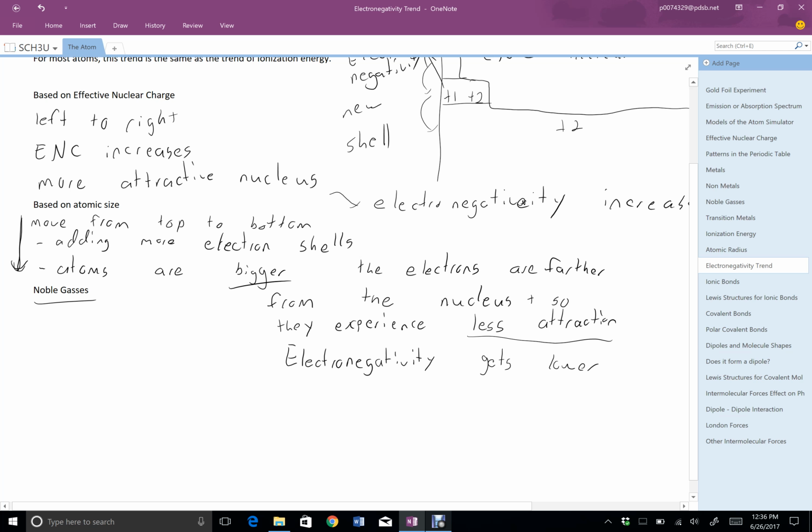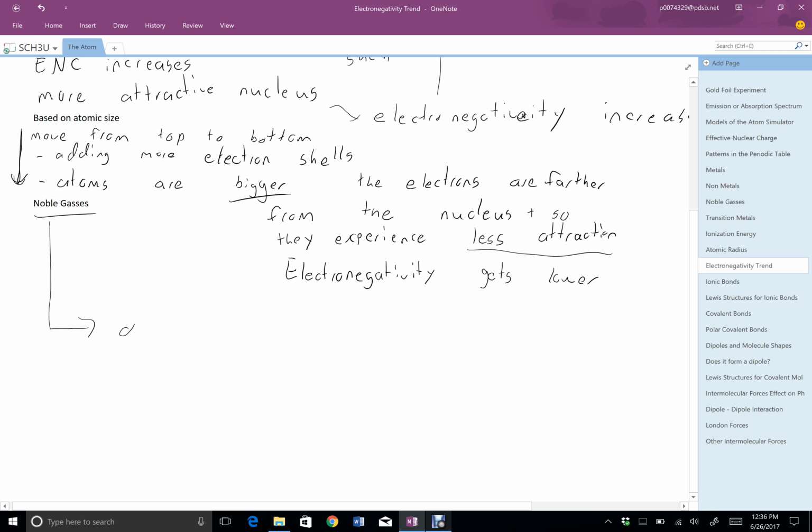The notable exception here is the noble gases. They do not form bonds, so we generally don't even give them an electronegativity.